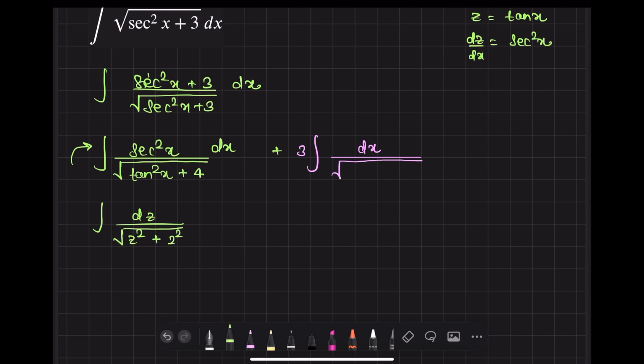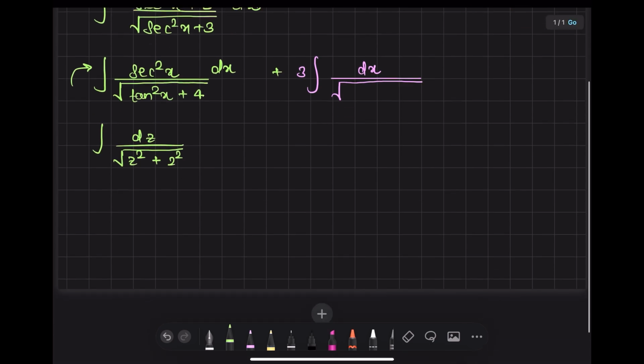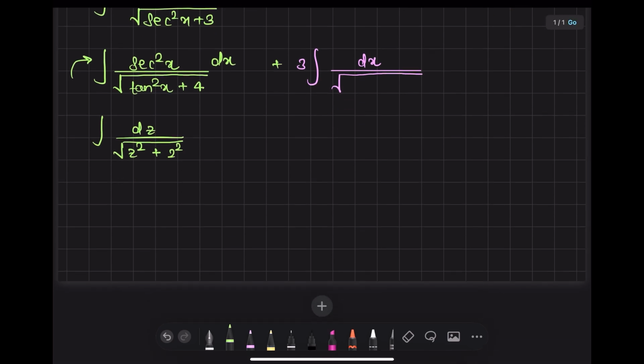Now look at this. The denominator is having a root. If it is a root, we are comfortable with sine inverse x, which has root over 1 minus x square, but this is x square plus a square. So we are not comfortable, and if we are not comfortable, we will be using log.